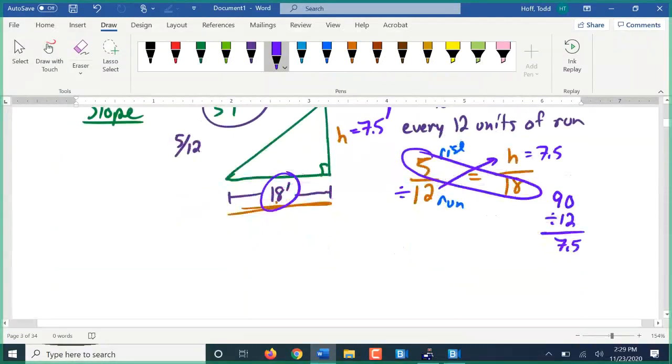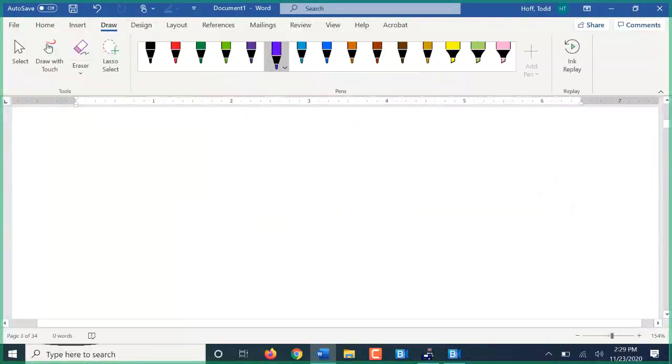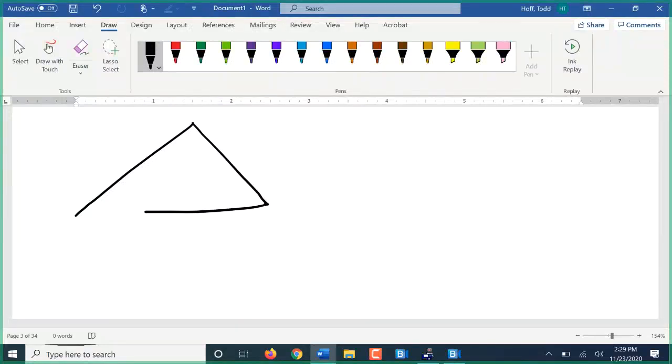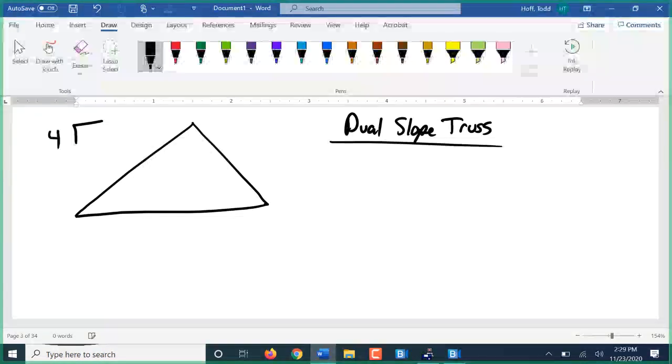Well, how does that tie back into systems of equations? Well, we might have what's called a dual slope truss, where we want different slopes on each side. This side might be 4/12 slope, and this side a 12/12 slope.